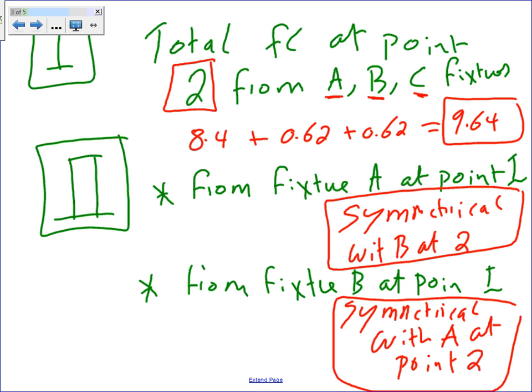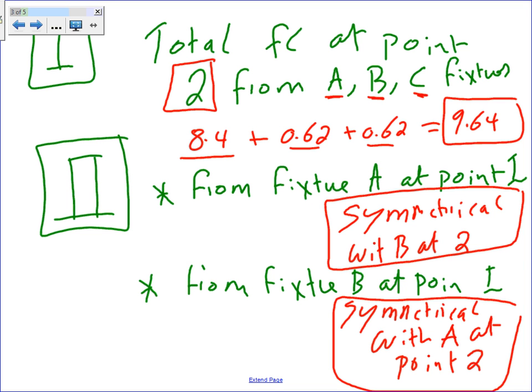Now we have point 2 and we got the contribution from all the fixtures to that point. Can you see one little thing: the substantial amount of light at point 2 is coming from fixture A right above it, as it should.